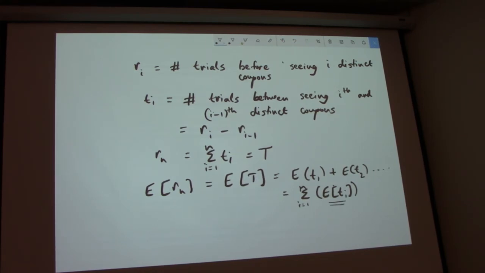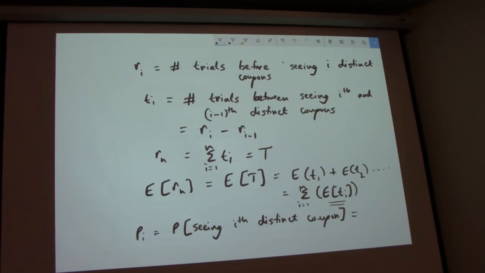So let's call Pi the probability of seeing the ith distinct coupon in some trial. Right? So I've already seen i minus 1 coupons. What is the probability that in the next trial I see the ith distinct coupon?